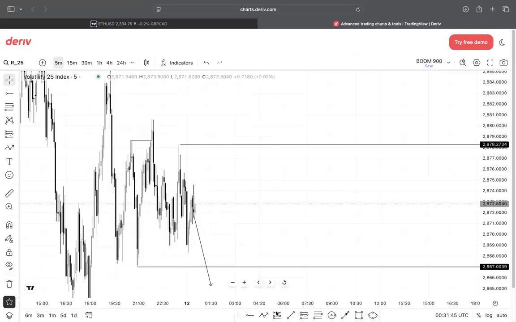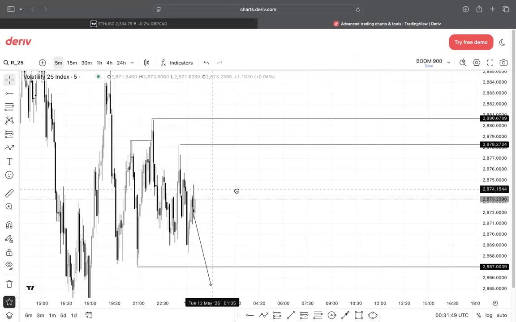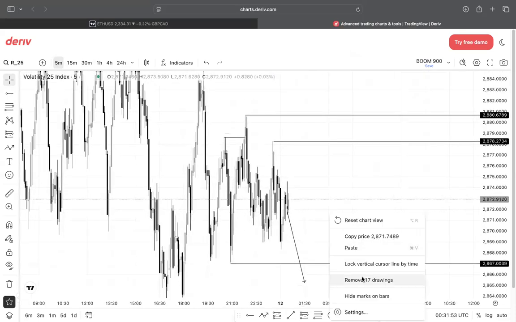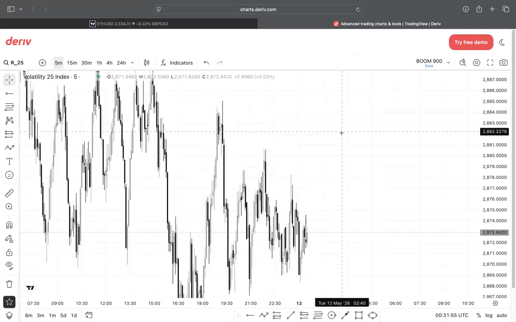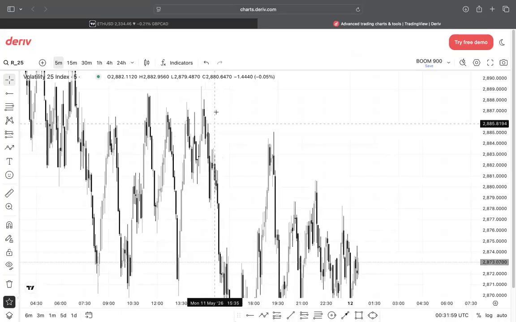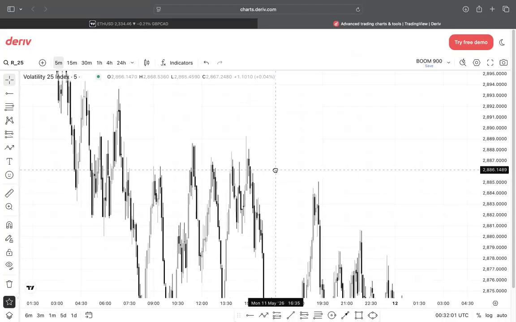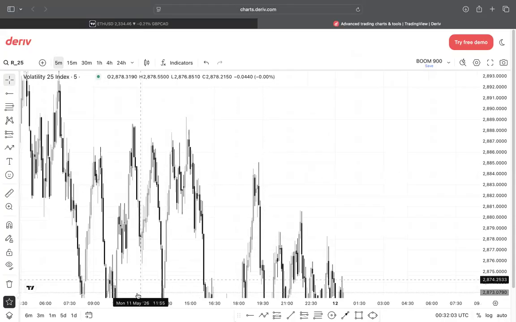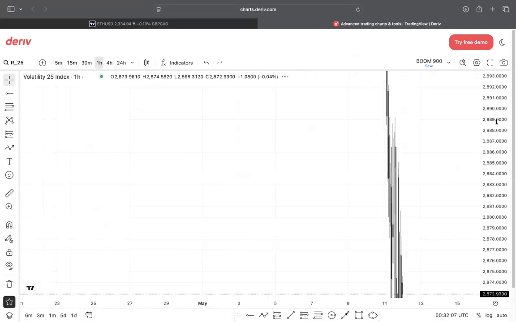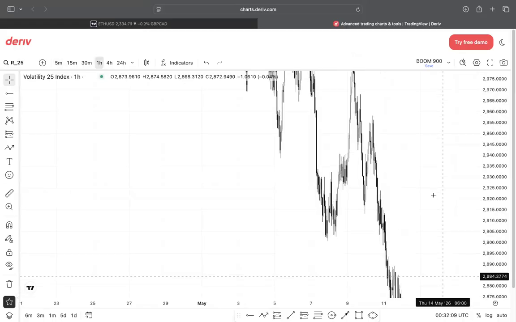And then this becomes my protected high. But this setup is not too clean, right? I rather wait for this. But this is not valid, right? I don't recommend this. So just look out for the 1 hour time frame, right? The 1 hour time frame tends to hold better.